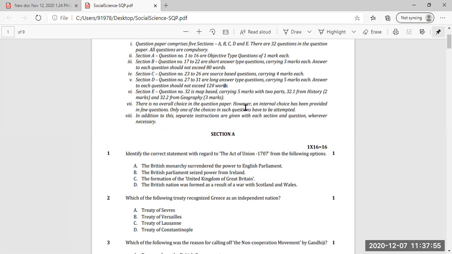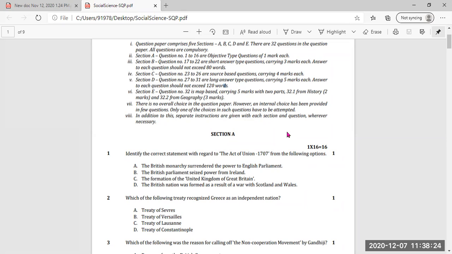Clear? In addition to this, separate instructions are given with each section and question wherever necessary. If any separate instructions are given before the questions, please read them carefully, because afterwards there will be confusion. We will check the paper according to the questions and the instructions provided.